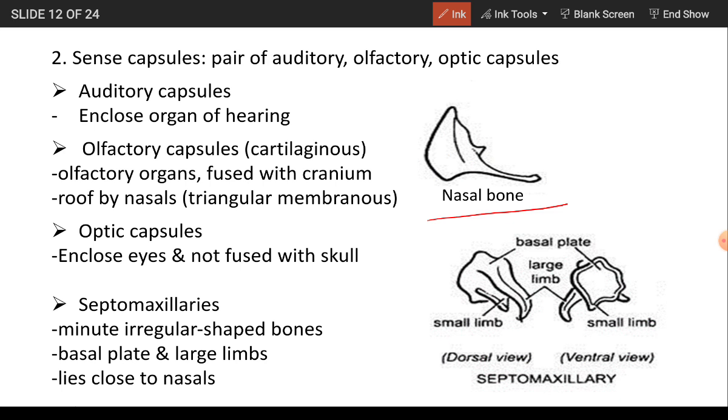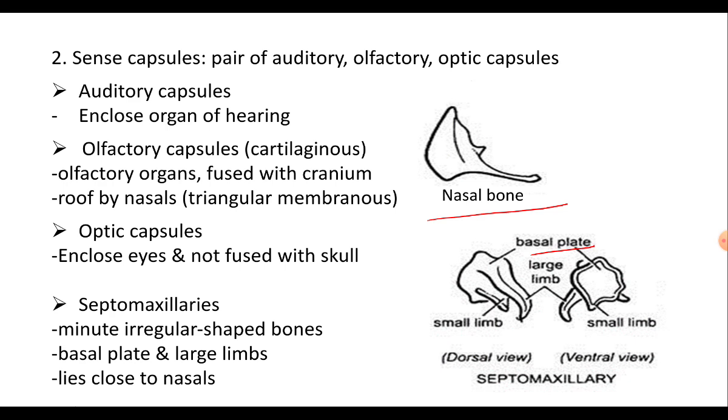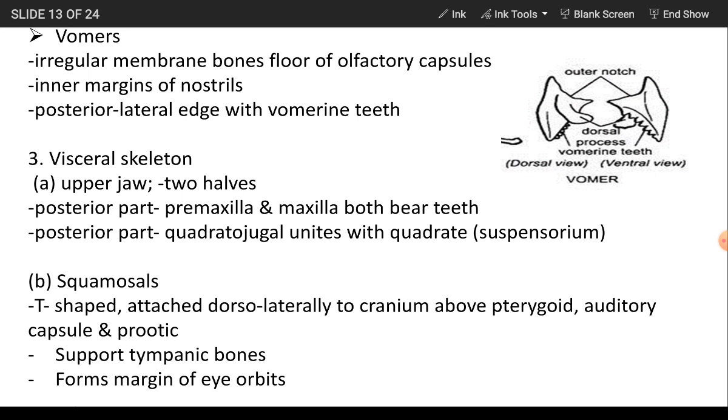And these Septomaxillaries, which are a pair, have a broad basal plate and a backwardly directed limb, which actually touches the anterior end of the nasal bones. Coming to the vomers.